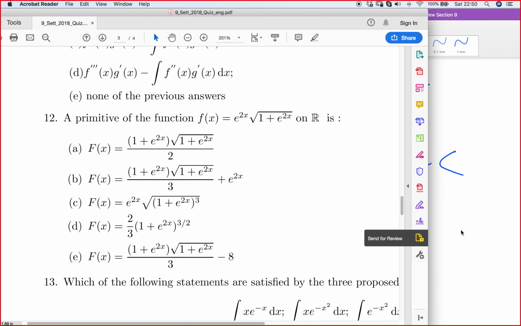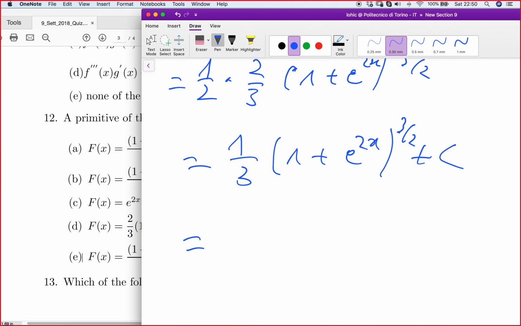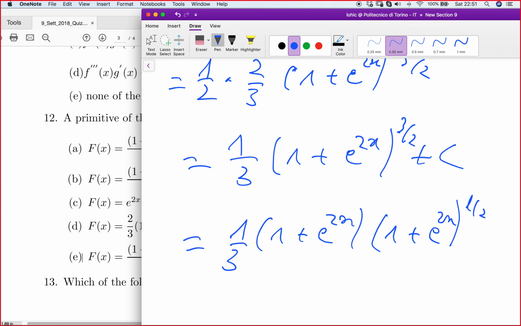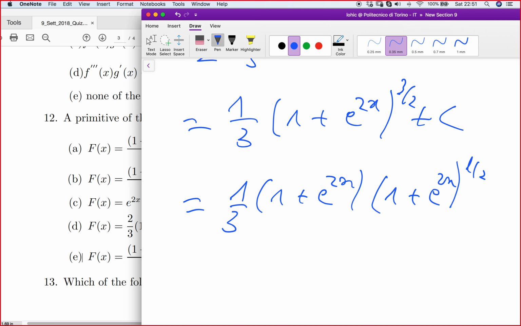Why is E correct? Because this stuff, I can write it like 1 over 3 multiplied by exponential of 2x multiplied by 1 plus exponential of 2x to power half. When you multiply this and this, you get this. Doubts?